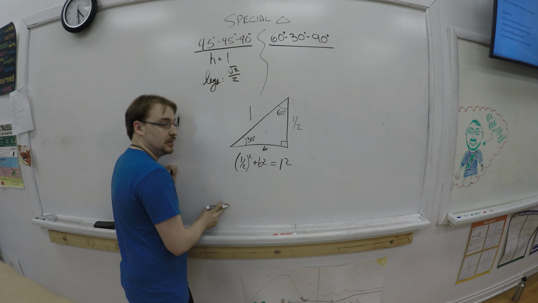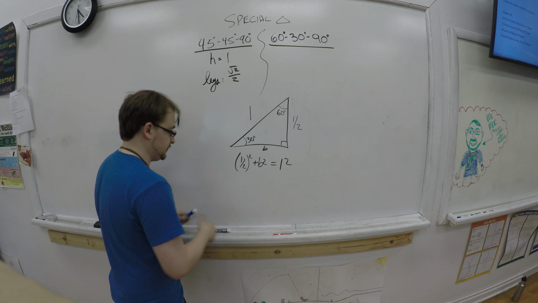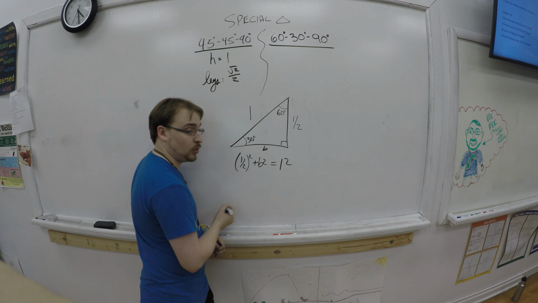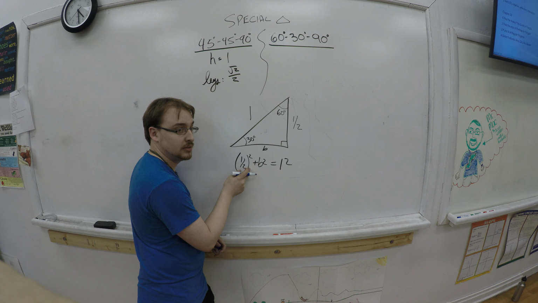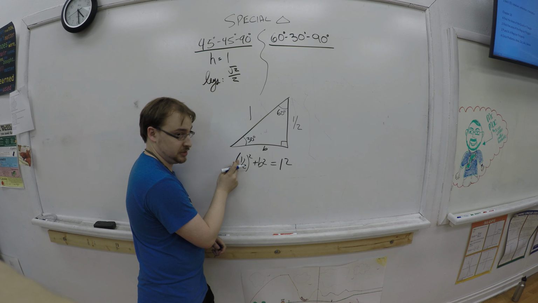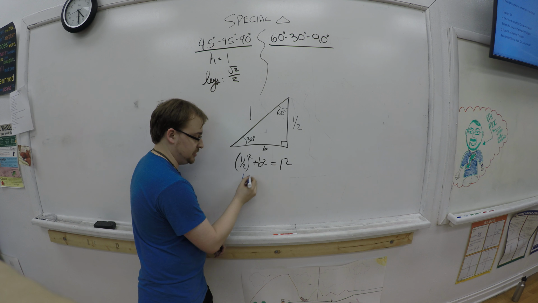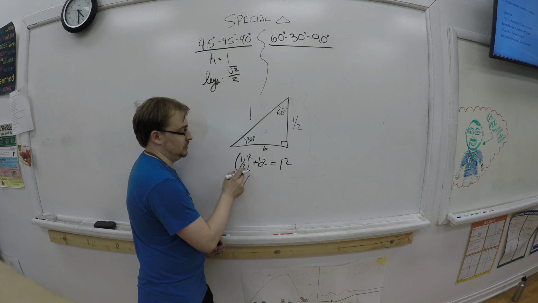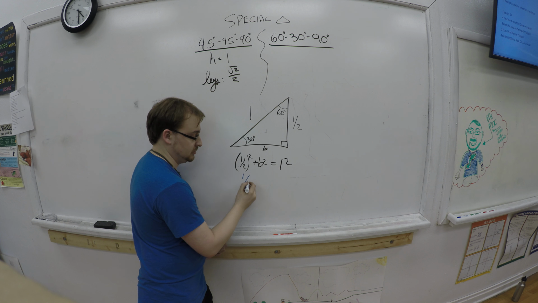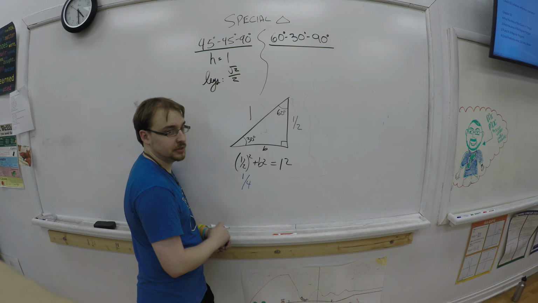So now we've got this. We can simplify. A half squared is the same thing as a quarter. Why? Because in fractions, the square applies to both numbers. So the top number squared, 1 squared is 1. Division sign, fraction bar, whatever you want to call it, same difference. 2 squared is 4. So a half squared is a quarter.